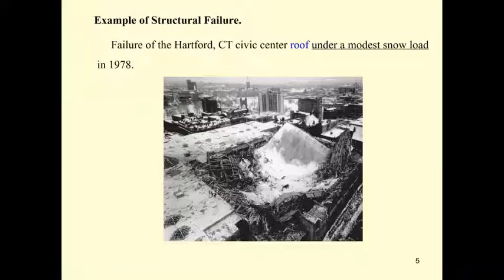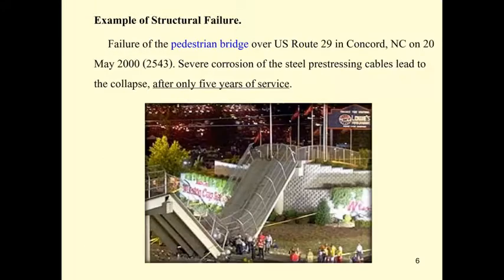Luckily, no one was there during the collapse of the structure. If a lot of people had been using that civic center during the collapse, a lot of people may have died. And also, there is some maintenance problem.